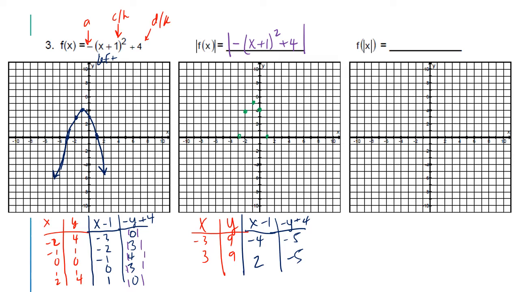Okay, so now if I look at my extended -3 and 3, when I take the absolute value here, it's going to be at positive 5. So I'm going to go to negative 4, positive 5, and that's going to put me here.